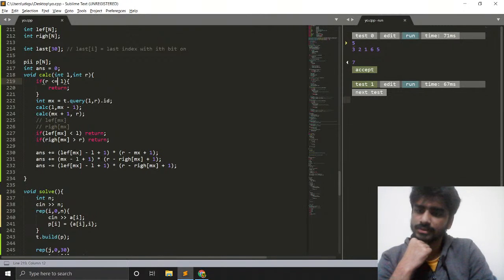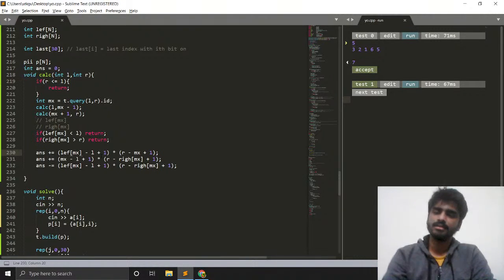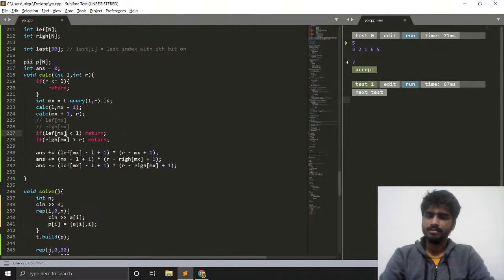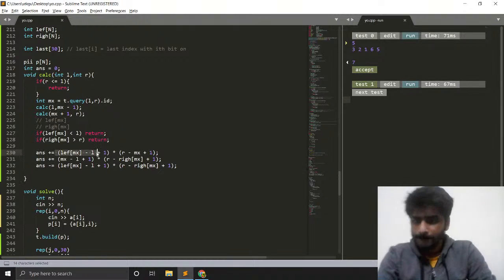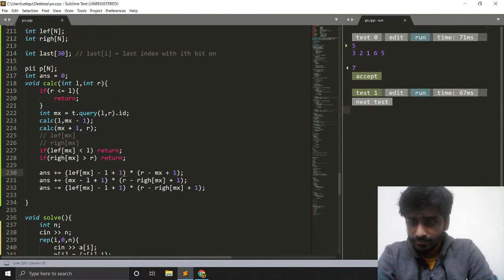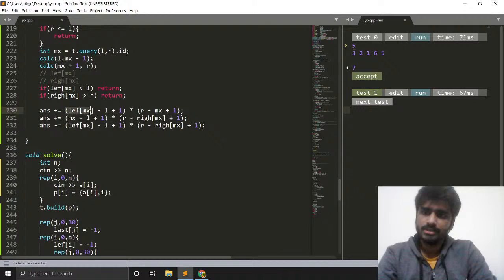If left of mx minus 1 into right minus mx plus 1.